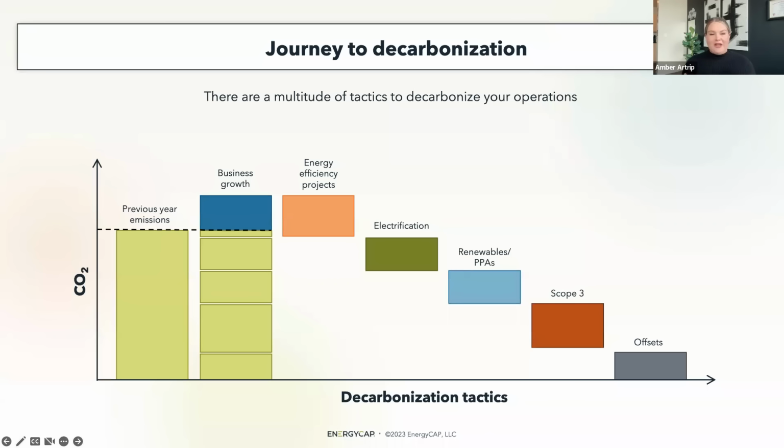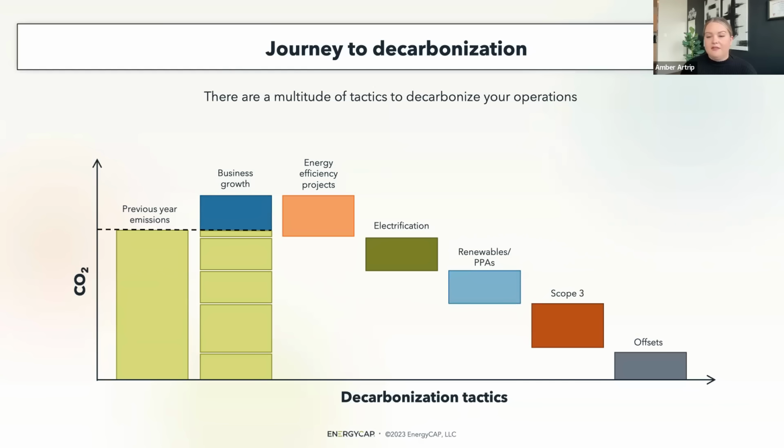So what can you do? There are a multitude of tactics to decarbonize your operations. The first step is, like I said before, assessing your carbon footprint, and you should always assume some growth. So what you see here is some business growth, and from there, there's a number of levers that you can pull to decarbonize.